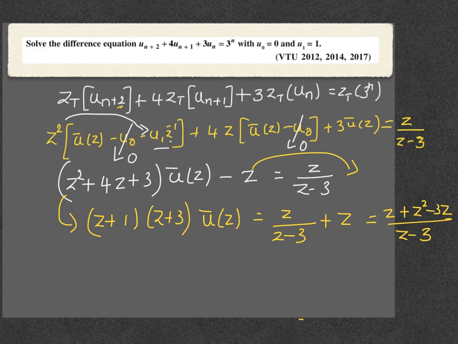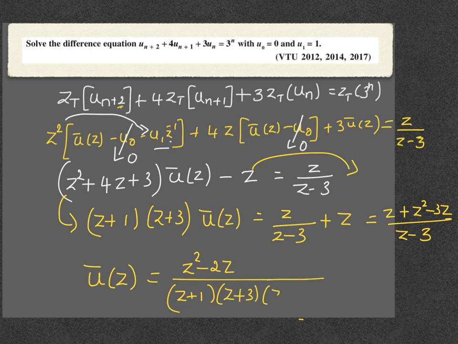So we get that u bar z is, on the right we have here z square minus 2z on simplification. So z square minus 2z, and divide by, if you divide z plus 1 into z plus 3 here, we get here z plus 1, z plus 3 and z minus 3.